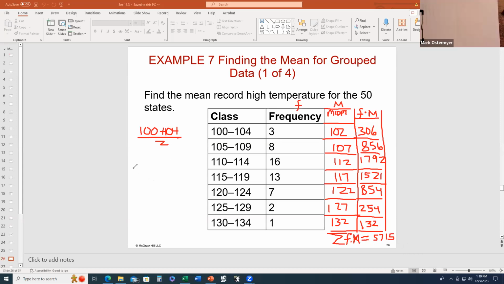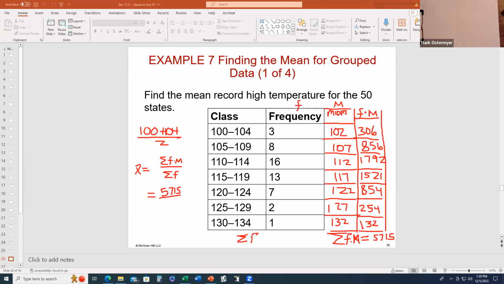Then in order to find the average of this grouped data set, the mean, if you will, we're going to take the sum of the last column, 5,715, and divide it by the sum of the frequencies.